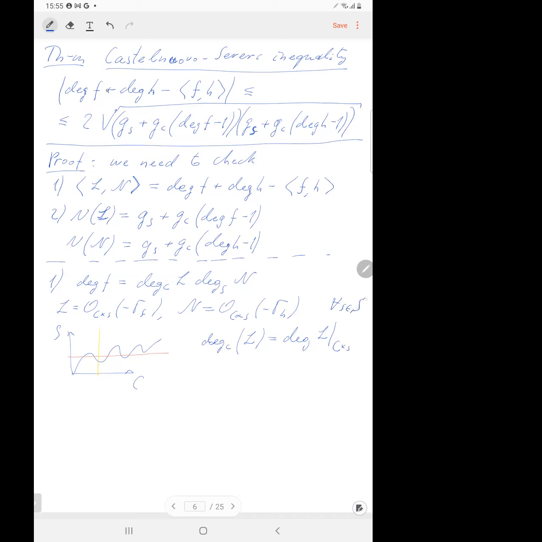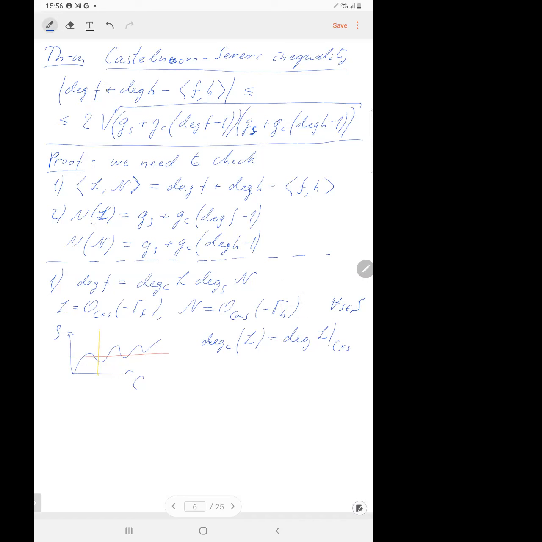So you just restrict to any fiber and consider the degree. And well, just intersect this fiber with the graph, and the yellow fiber intersects this graph in just one point, and the red fiber intersects this graph in degree of f points.